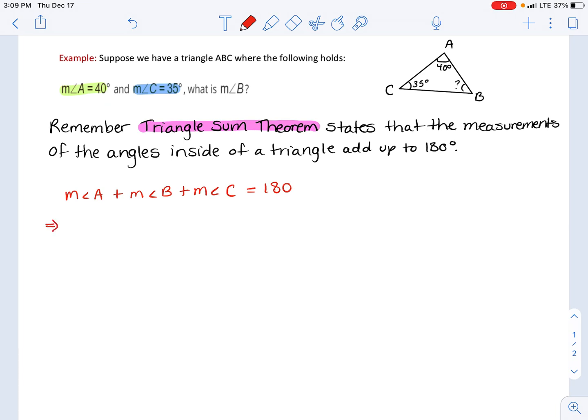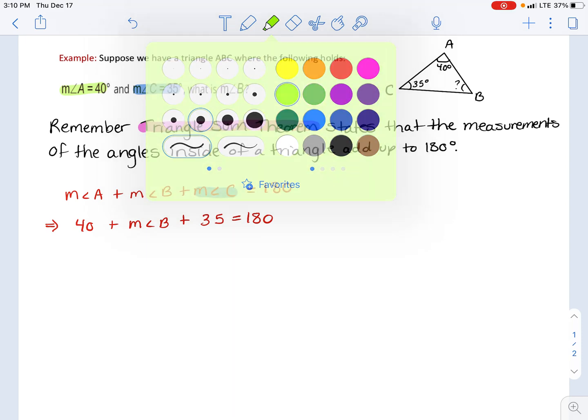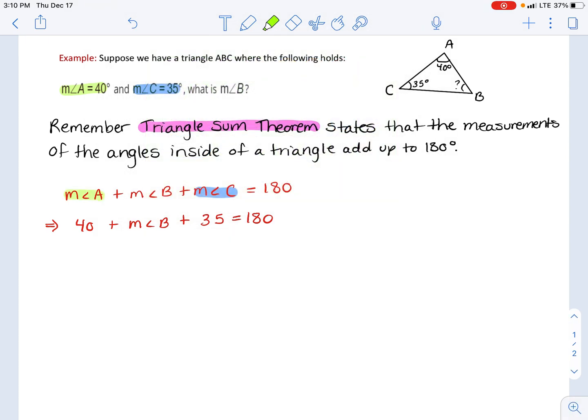Instead of writing the measurement of angle A, I'm going to write 40, plus copy the measurement of angle B, because I don't know what that is. That's what we're trying to solve for. And then the measurement of angle C is 35, which is equal to 180. And just so you can see more clearly from where I was highlighting before, this is what happened here.